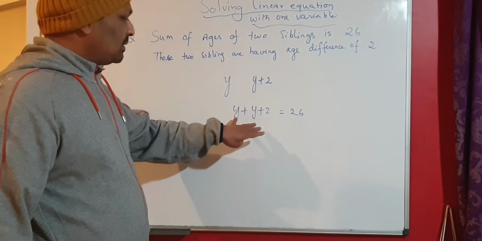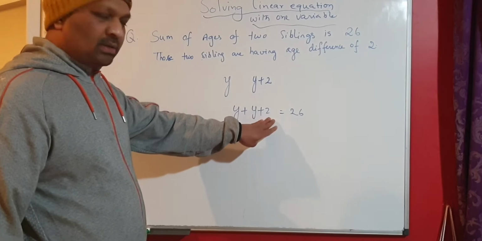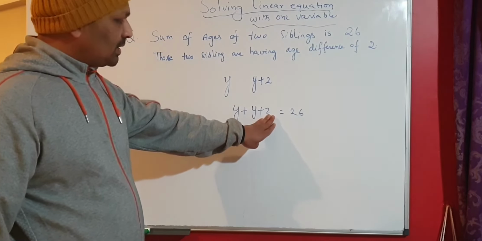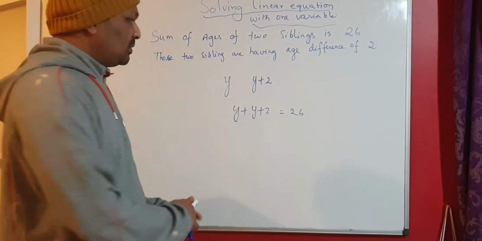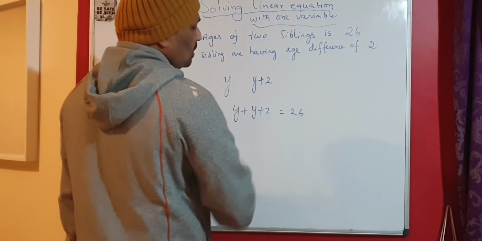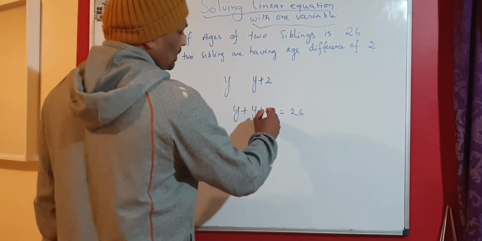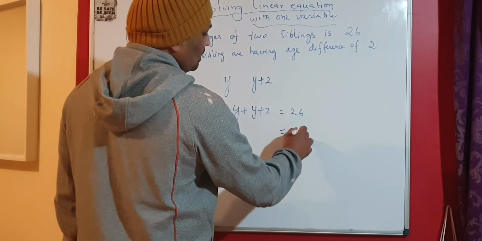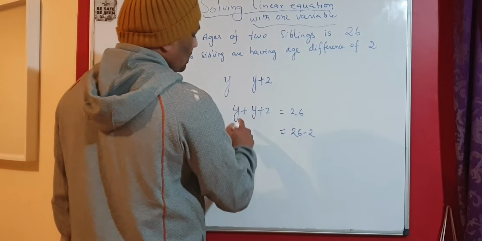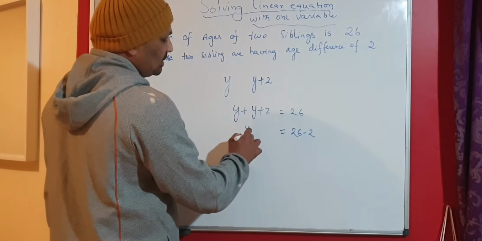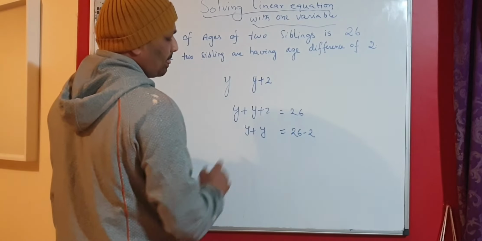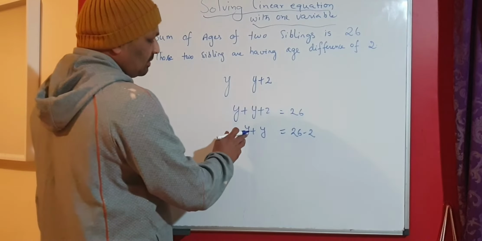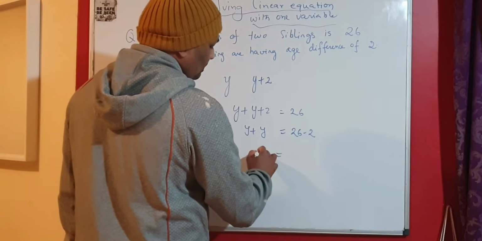We have a constant, some known quantity on the left side. We take it to the other side because we already have one known quantity on the right side. We take plus 2 to the other side of the equal to symbol, it becomes minus 2, and on the left side we are left with y plus y. When you further simplify, y plus y is 2y.